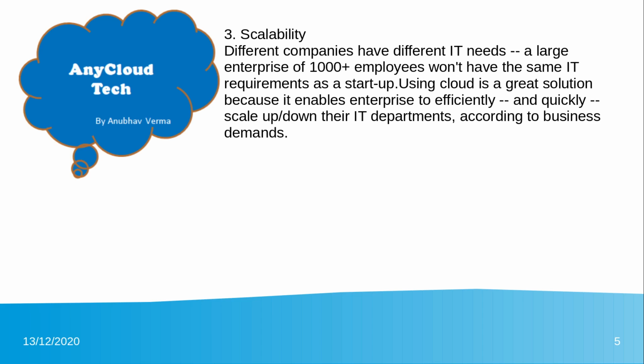You don't need to wait for the vendor, purchaser, or anyone. You just need to go to your cloud API, log in to the console, and you can build your server. Very simple. You can scale up, and similarly you can scale down as well. In future, if you don't need the service, you can scale down your environment.